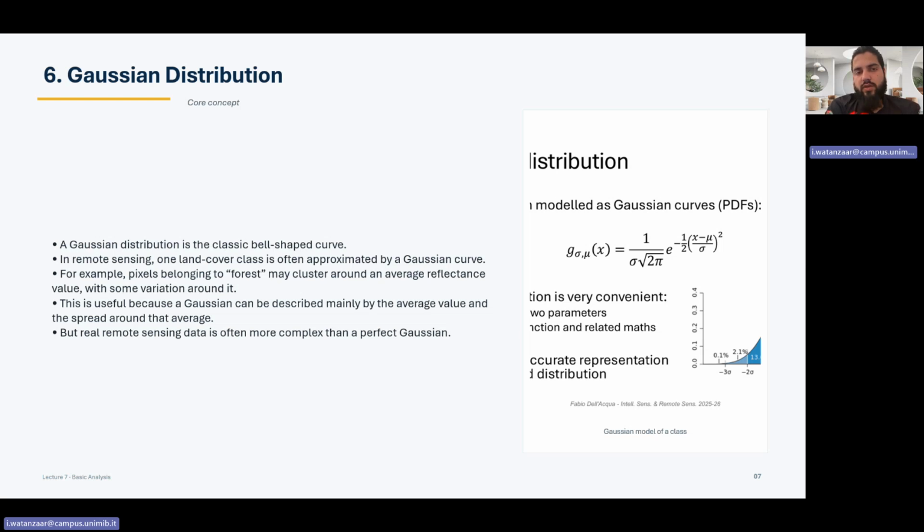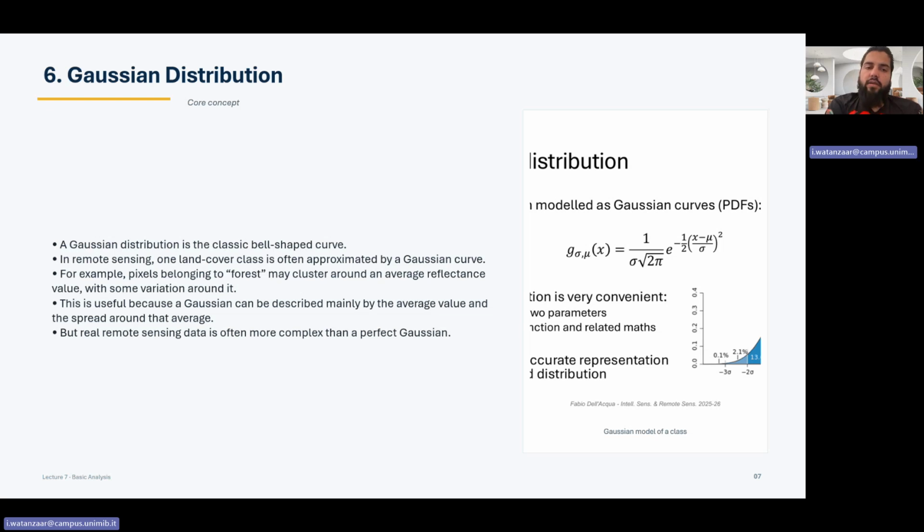So to represent the Gaussian, we take the average value and the spread around that average. Let's suppose again the forest example: the nearby area, which is near the forest, has some variations, so we take the average within the forest to form the Gaussian distribution.